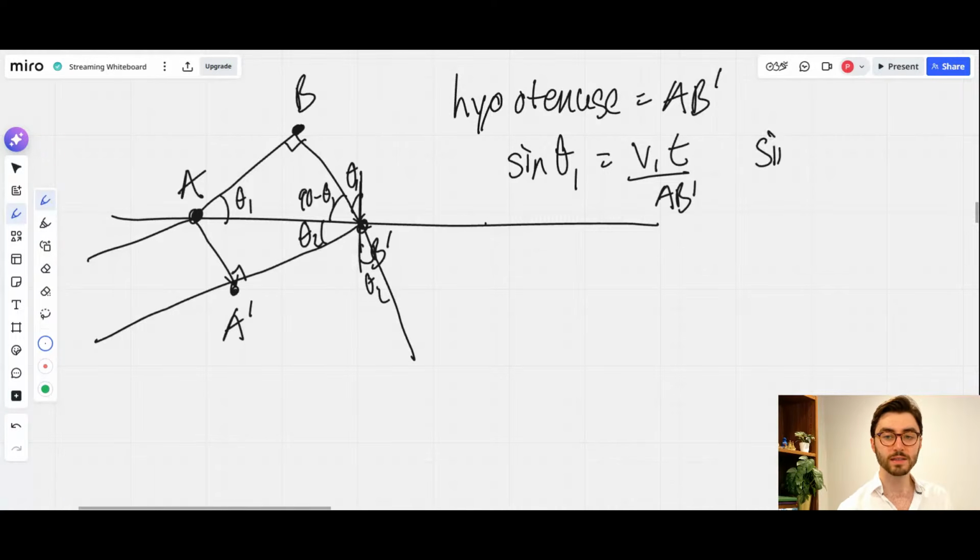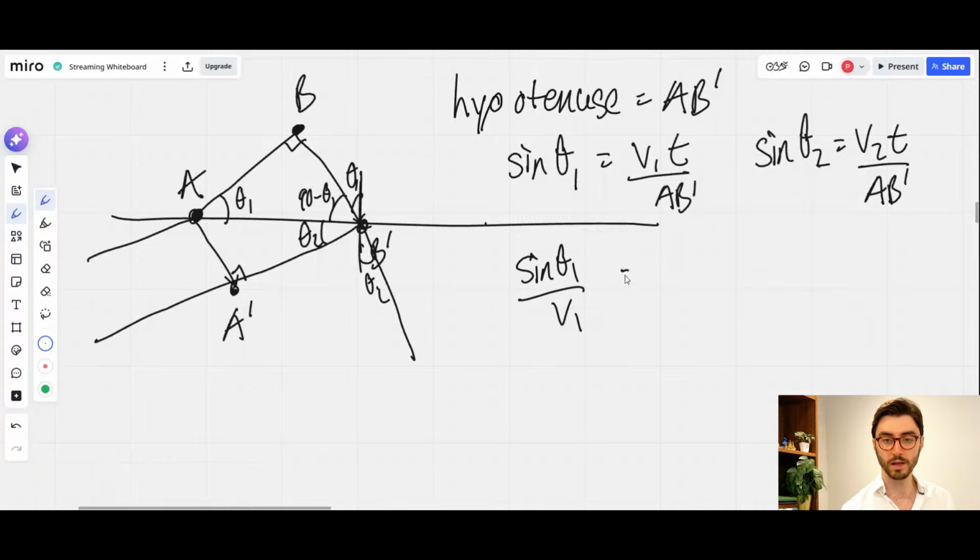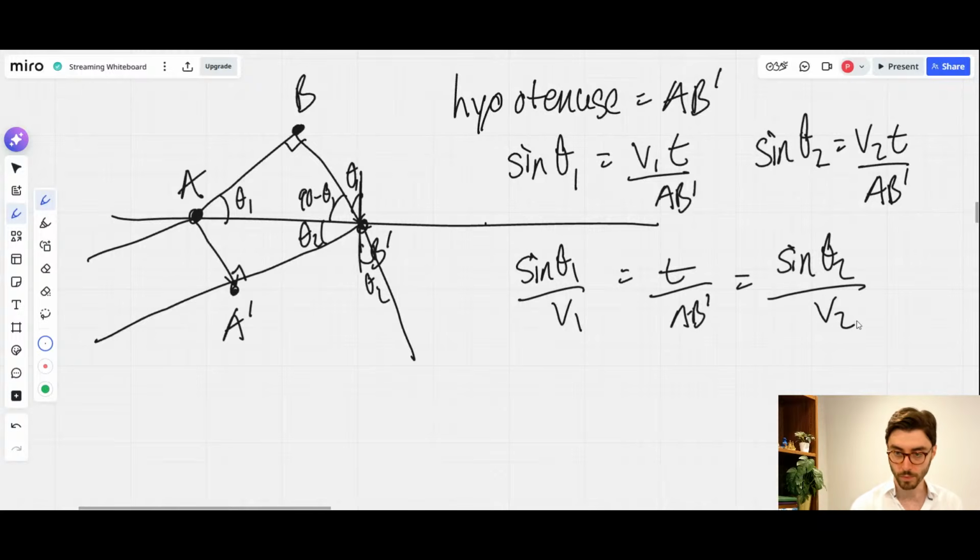And we can say that sine θ2 is equal to this opposite, which is the speed of light in that material times whatever time interval there is, all over the same hypotenuse. So what that means is that sine θ1 over v1 is equal to t over AB dash, but that is also equal to sine θ2 over v2.